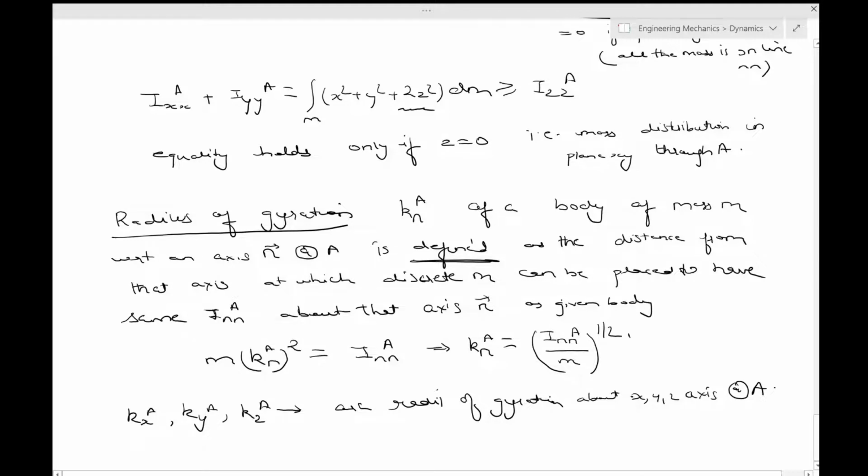So many a time the radius of gyration is given, and one has to come up to this INN.